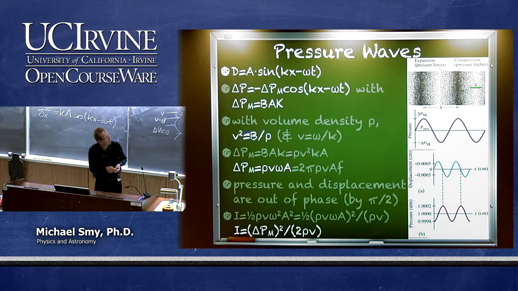Then we know that the bulk modulus is v squared times rho, and therefore in this relation between pressure amplitude, we get that the pressure amplitude is rho v squared times Ka, and then using v equals omega over k, we replace one of those two velocities that appear here by omega over k, and we get that the pressure amplitude is the volume density times the velocity times the angular frequency times the regular amplitude.